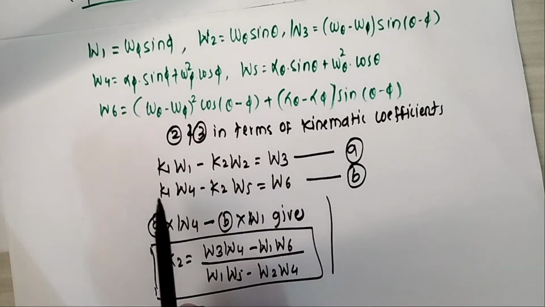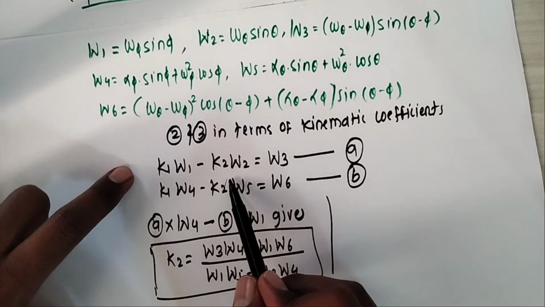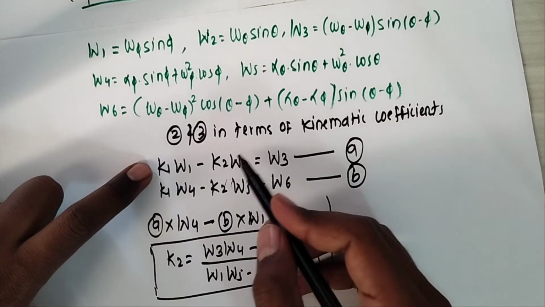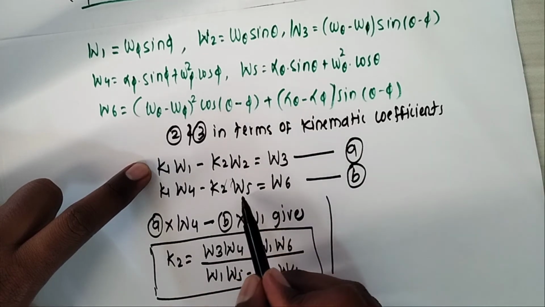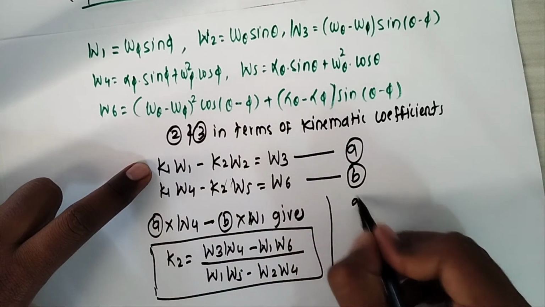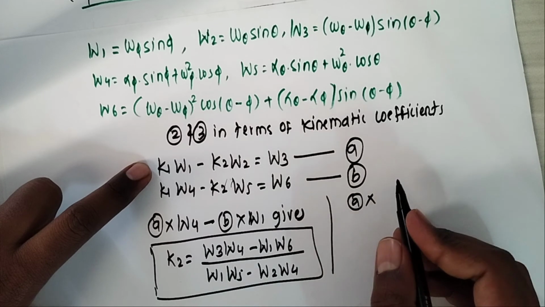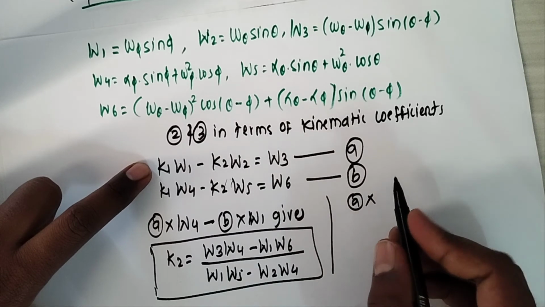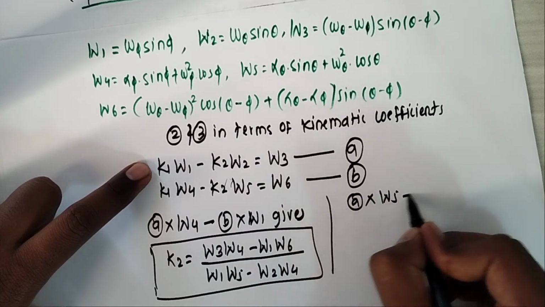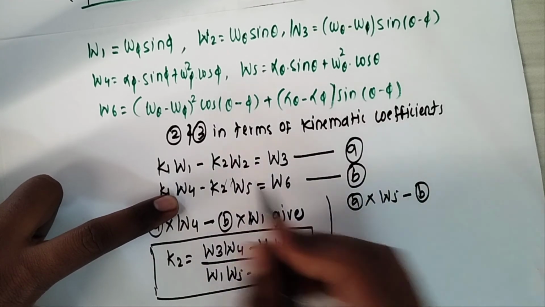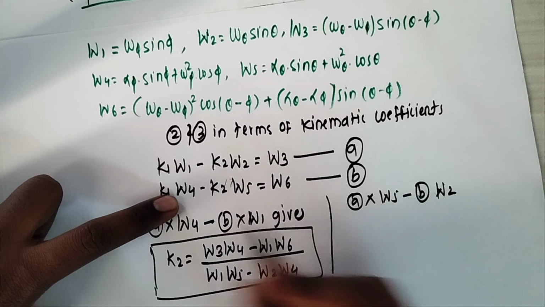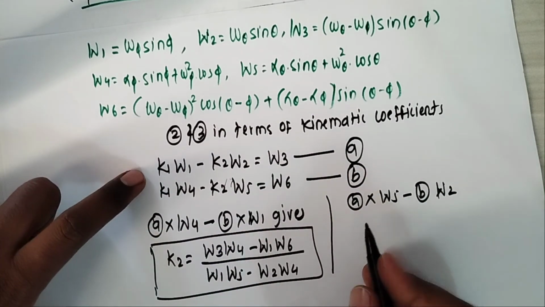In order to get k1, I have to cancel this k2. For this, multiply equation A by w5 and B by w2 and subtract. So I am writing here equation A into w5, subtract from it equation B multiplied by w2. So k2 gets cancelled and I will get the value of k1.